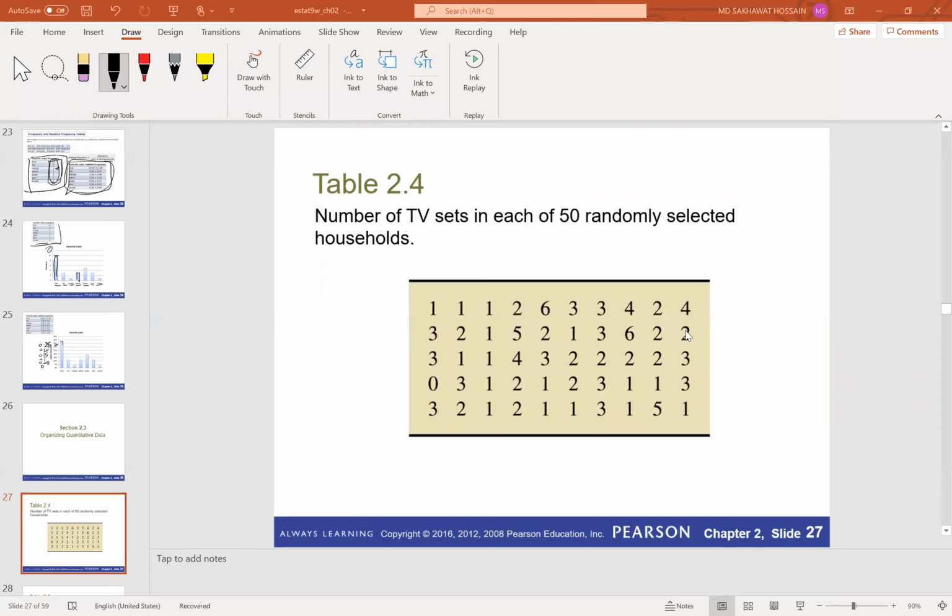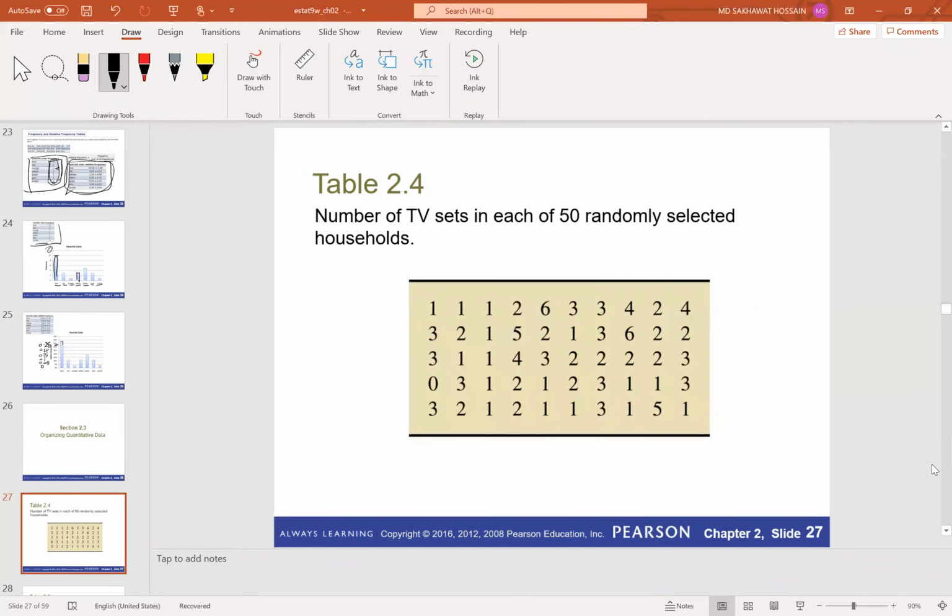What do you think? Yes, this is discrete, because the possible values are discrete values: 0, 1, 2, 3, 4, 5, 6, 7, 8, 9, 10. So that's why this is a discrete variable.